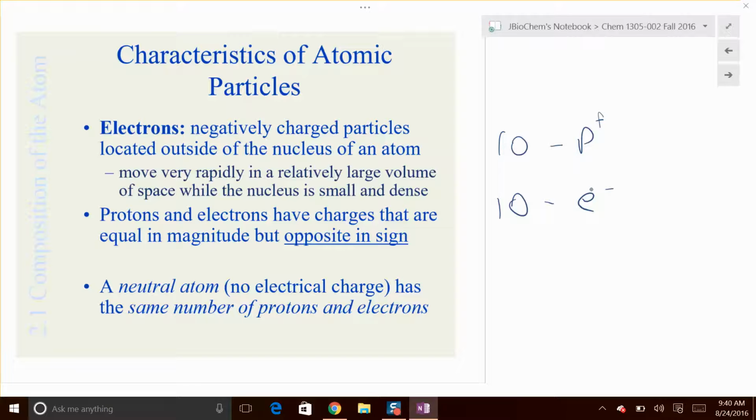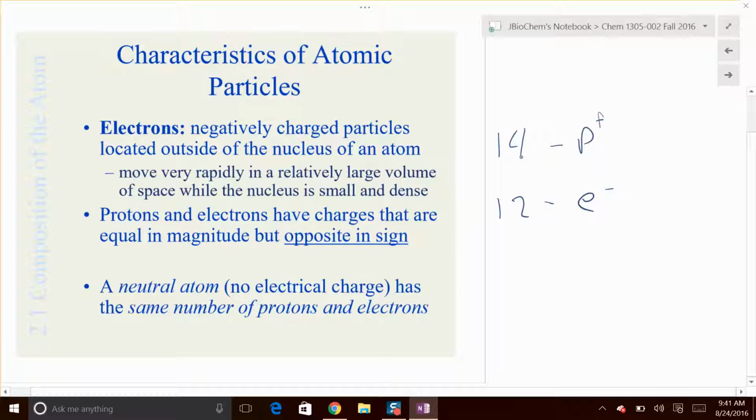Well, what if I went from 10 electrons to 11 electrons? Now what's the charge? Negative. What if I went to 12 electrons? What's the charge now? Negative 2, right? I have 2 more negative charges than I have protons. So that means it's unbalanced now. Now the atom is negatively charged. Okay?